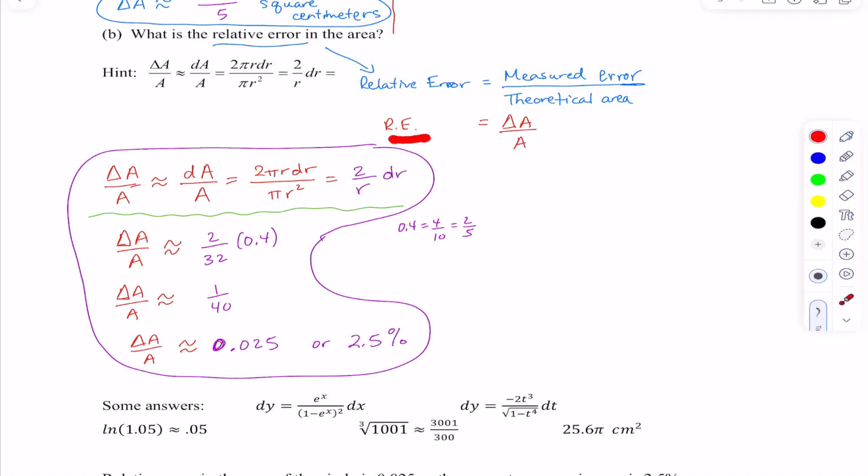Once you realize that, we're going to take this delta A over A and approximate it with differentials.